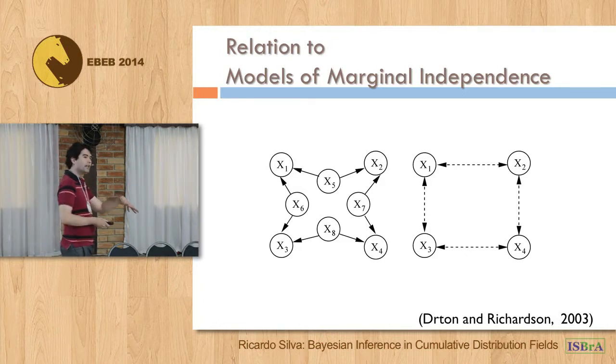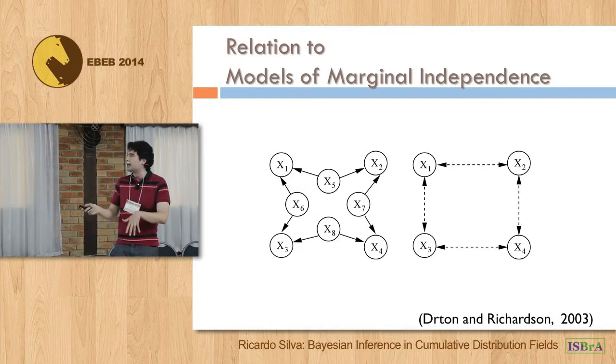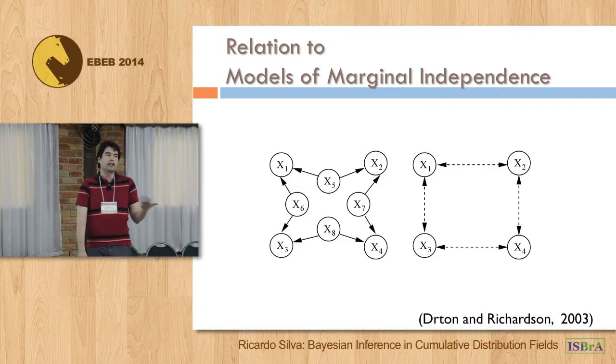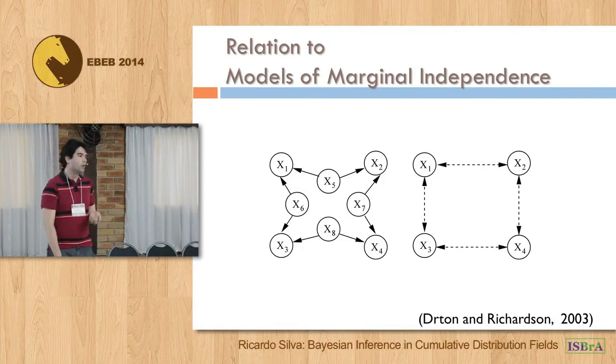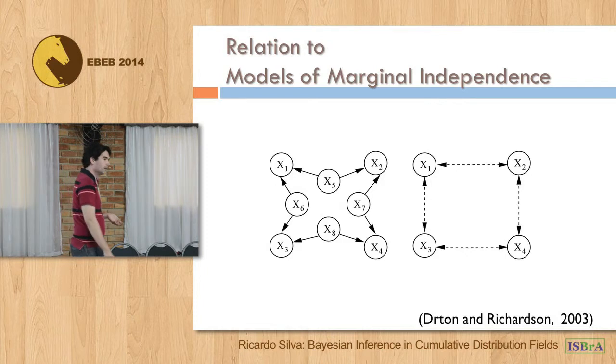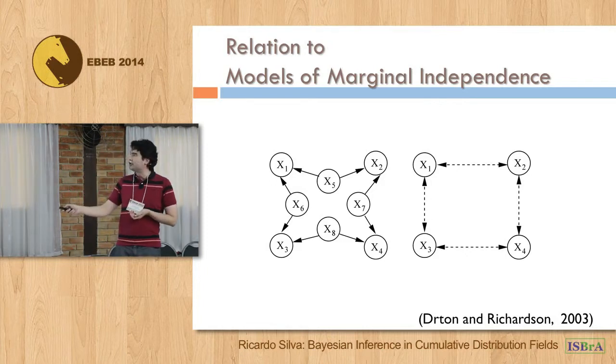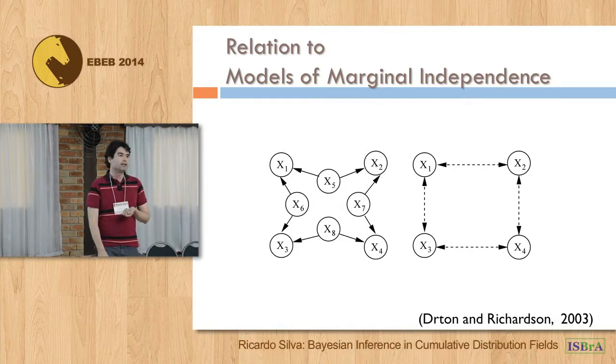So after you marginalize the latent variables, you have some dependency structure over the remaining variables. This dependency structure is not a standard graphical model, because what it is representing is some notion of marginal independence. So the lack of an edge in this graphical representation means marginal independence.